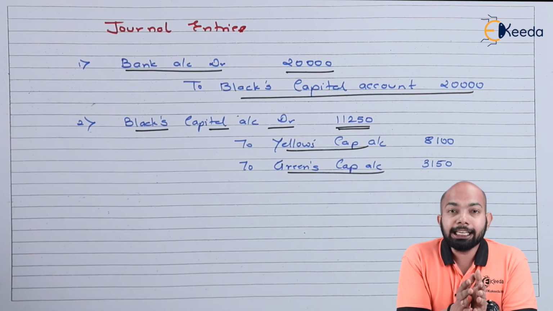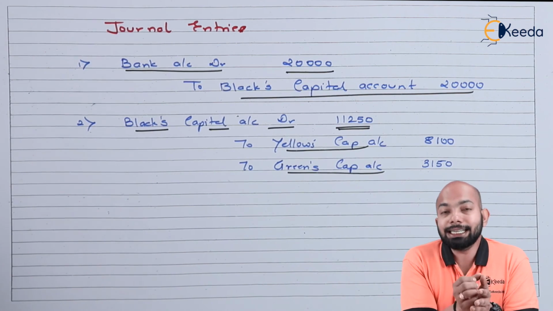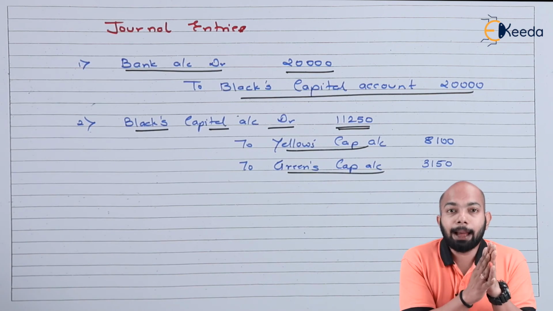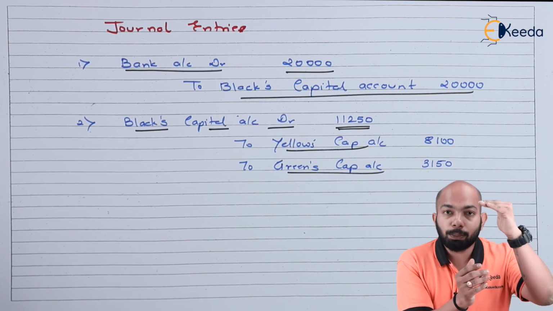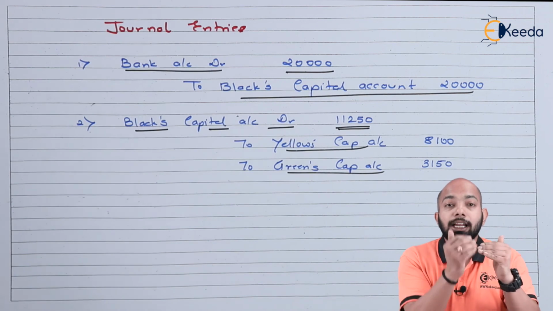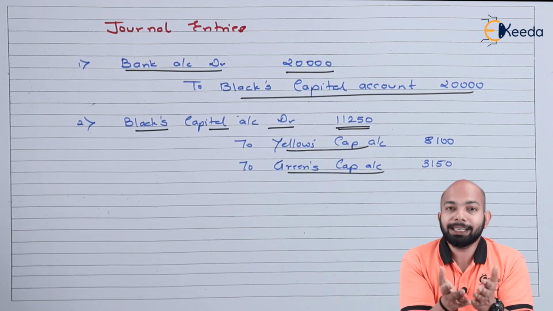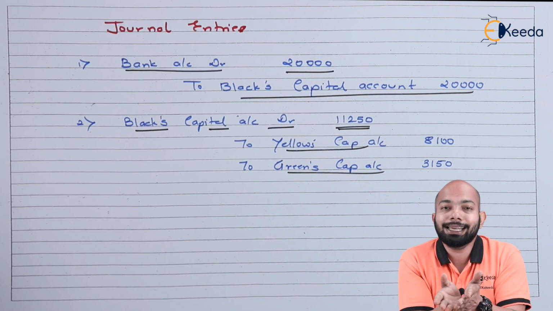Now with this segregation you understand that the journal entries passed here have consideration of black's capital. So the capital amount which was brought in by the partner has now been reduced by the amount of segregation, or the compensation that has been given by black to the existing partners.